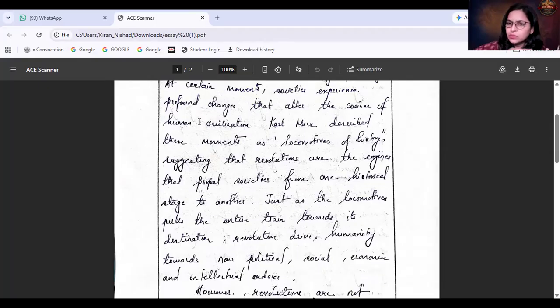Propel that change, or you can say transform society from one stage to another.